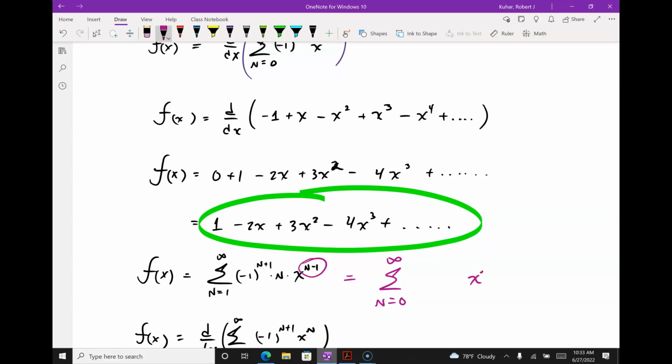How can I change that one term? I want an x to the n. That's what I'm saying, right? So what happens to everything else? I want to know what to put on my negative 1 and what to put as my n. Well, if n minus 1 changed to n, what did I add to the n minus 1?